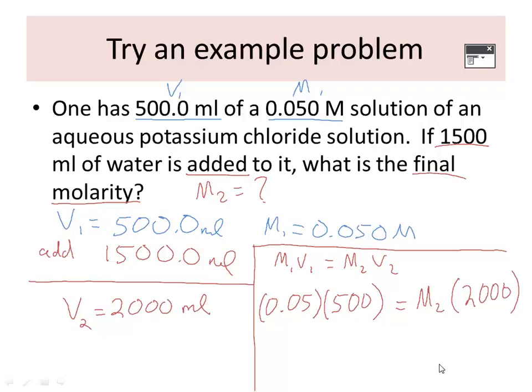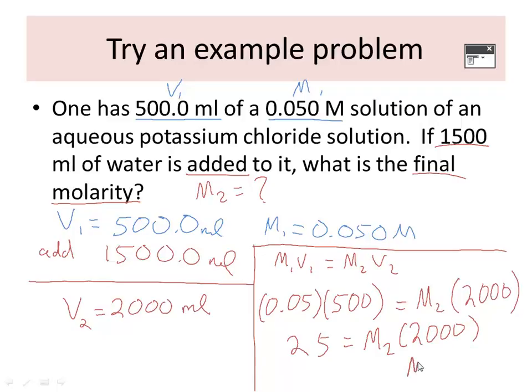So the product of this number is 25. That's 0.05 times 500 is equal to M2 times 2,000.